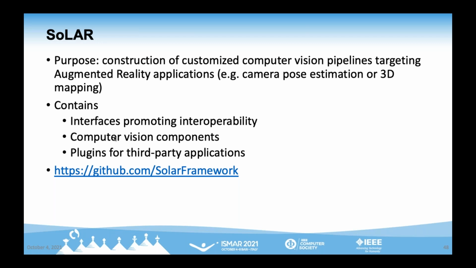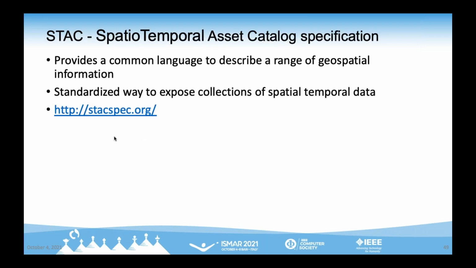Just recently, as of August 2021, there was another release of the open source library, so I do hope you'll check that out. Also, I want to encourage you to visit the website and information about STAC. It stands for Spatiotemporal Asset Catalog Specification.